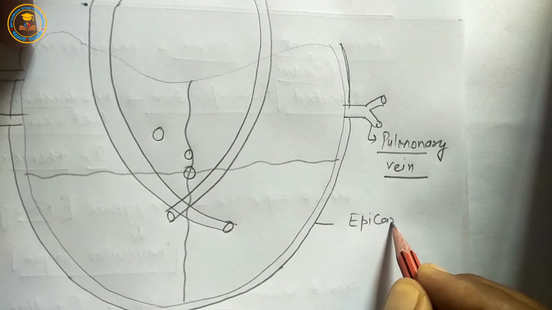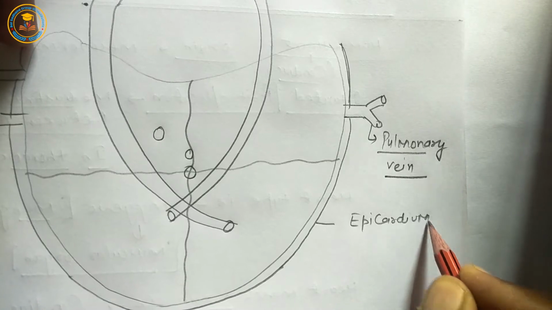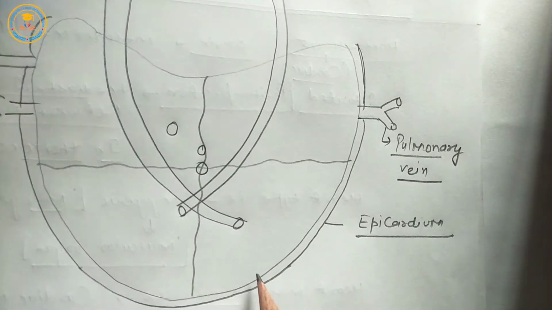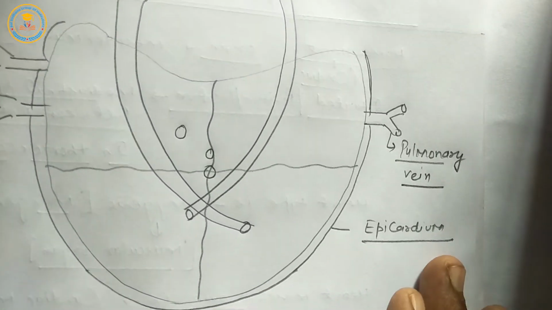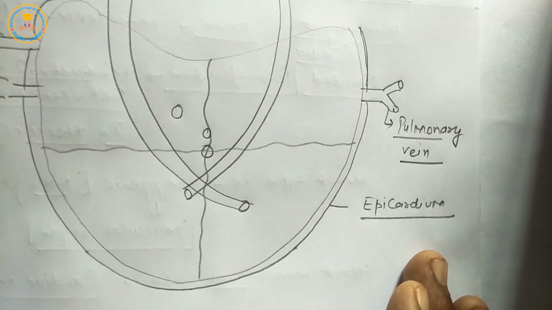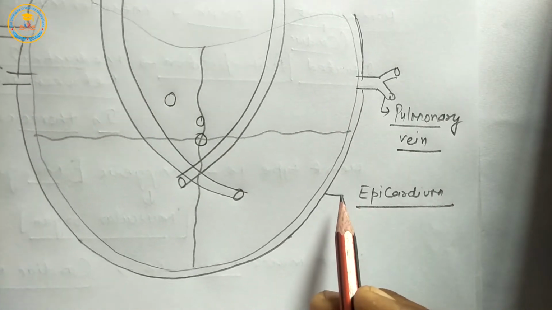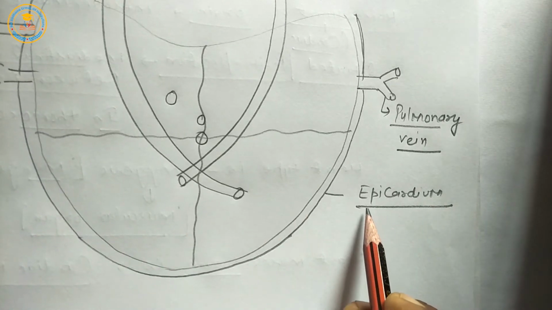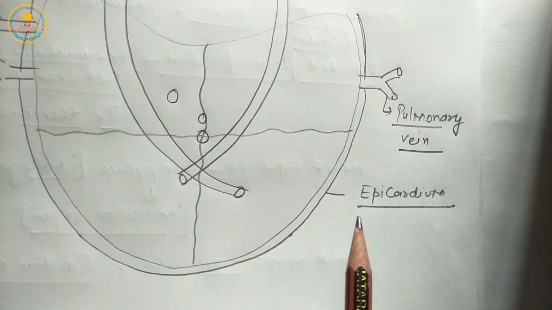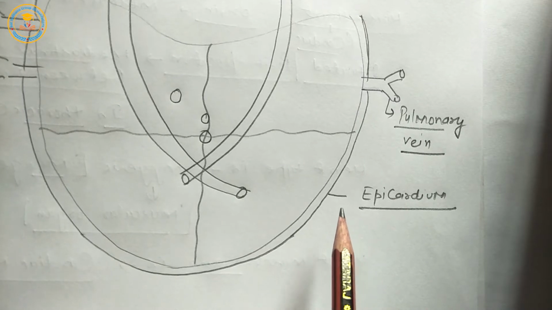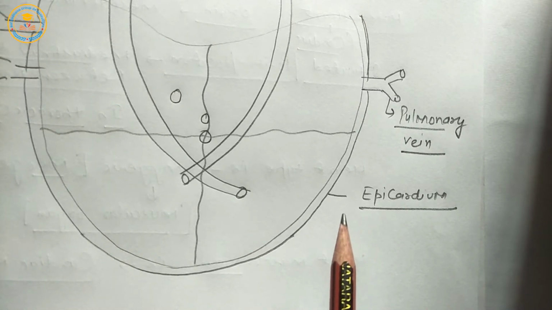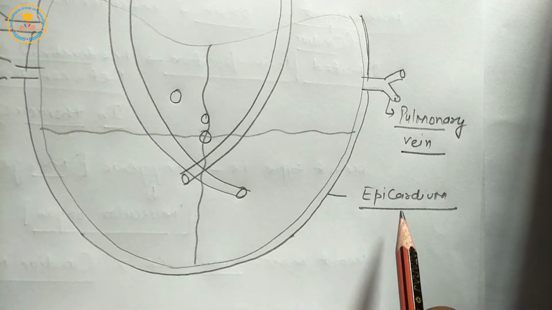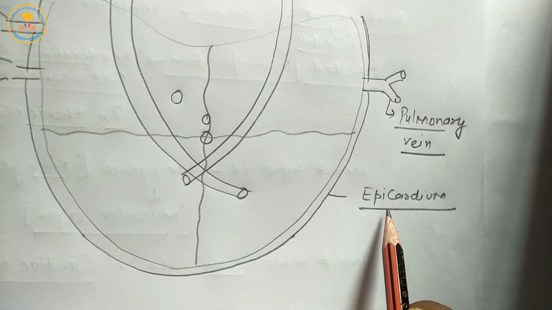First of all, I draw a figure of human heart. We studied outer to inner. Human heart wall forms three layers. First is epicardium, it is the outermost layer.